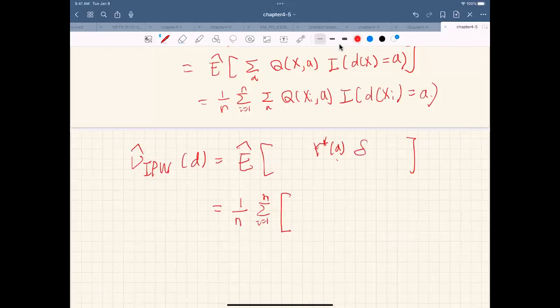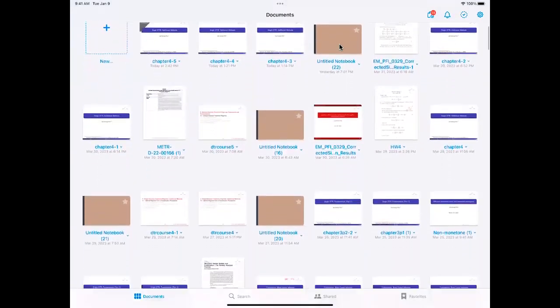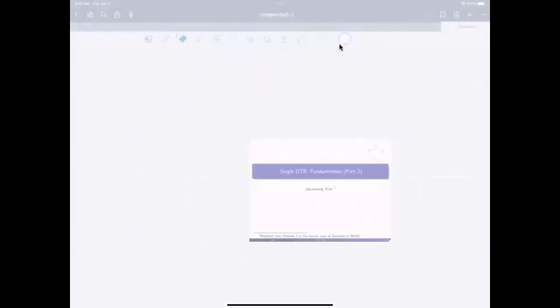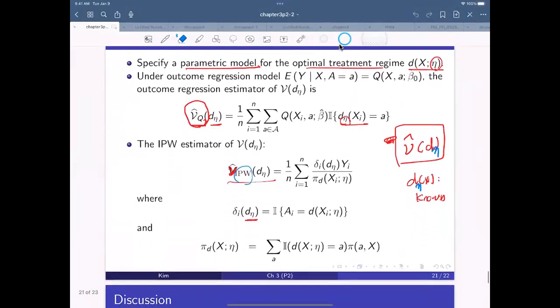So delta is basically DX equal to A. And then let's just go back and try to reflect. 3.2, I guess, right? This one.